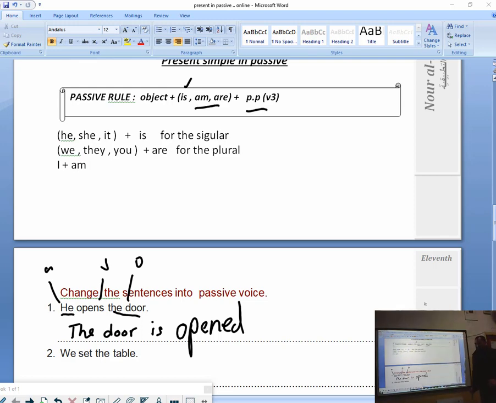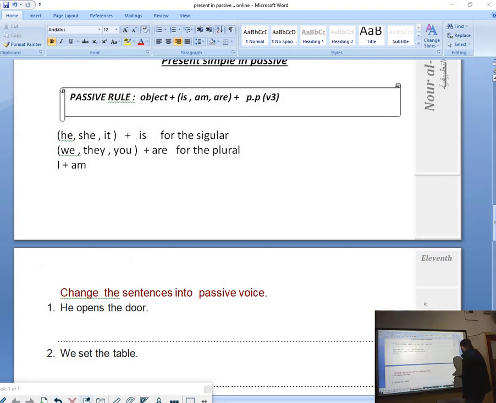And if you ask me how do I know that I should use this rule? Because if the verb is infinitive with s or without s, I use the present simple passive rule. Okay, let's move to the second one.